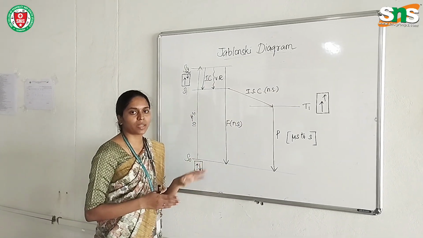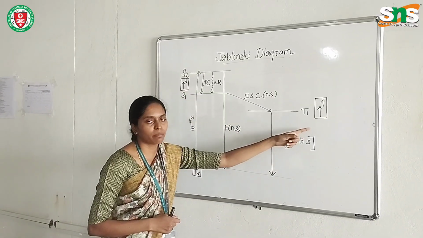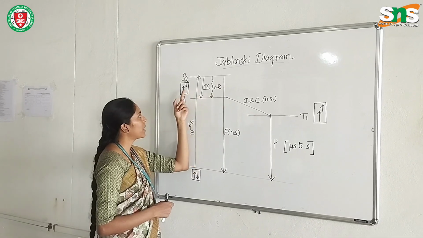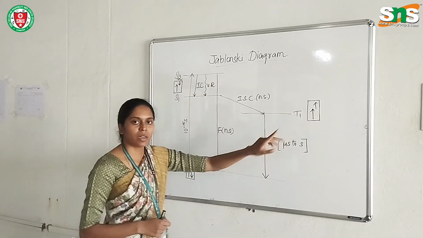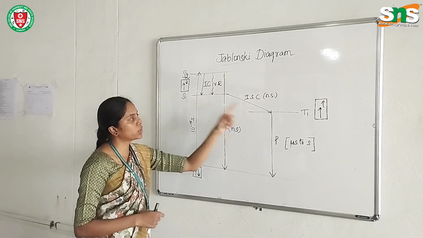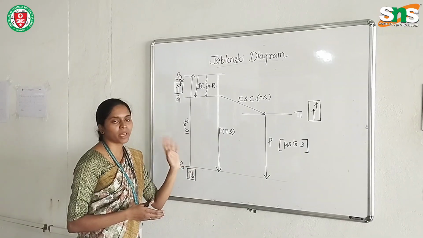This is a forbidden transition because the electrons in both states are unpaired, but in S1 they have opposite spins, whereas here the spin is the same. Since the movement from S1 to T1 seems not possible, it is also called a forbidden movement.